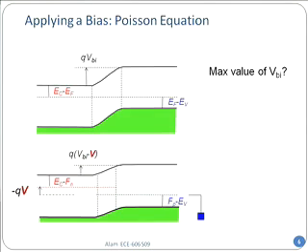Similarly, for the blue one, you start from the P side, whatever is the dominant side defining the Fermi level, continue all the way to the other side of the junction, and then you stop. Beyond that point, you don't continue.